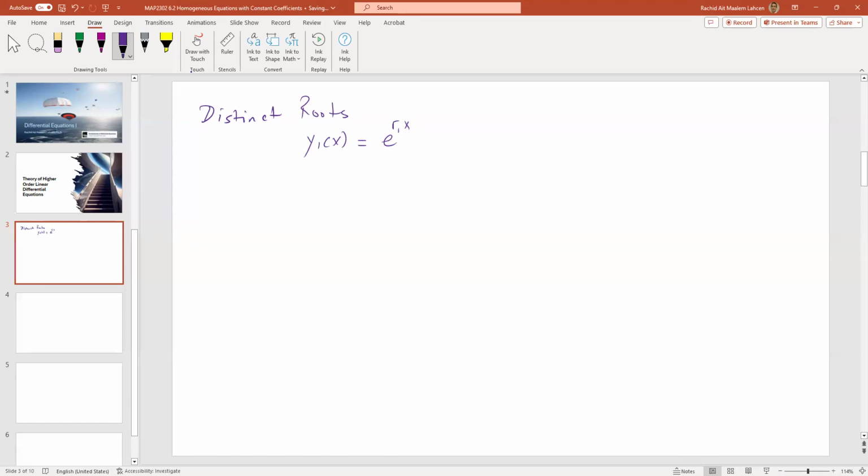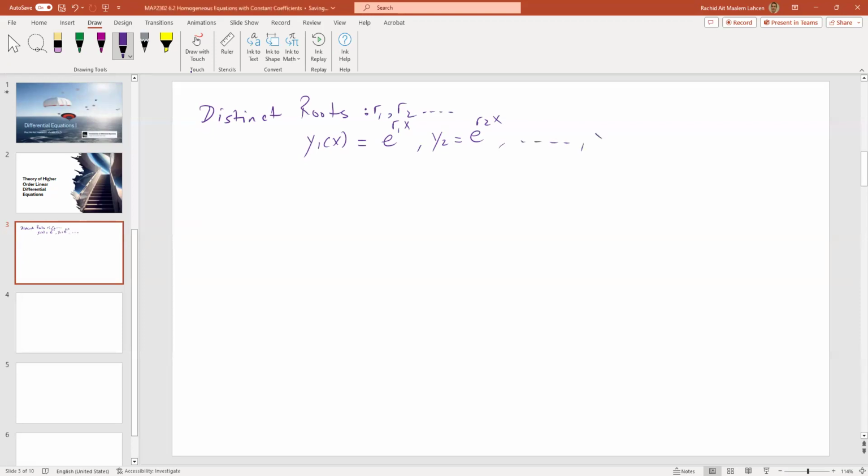And the other linearly independent solution is going to have e to the R2x, where of course R1, R2, and so forth are these distinct roots.